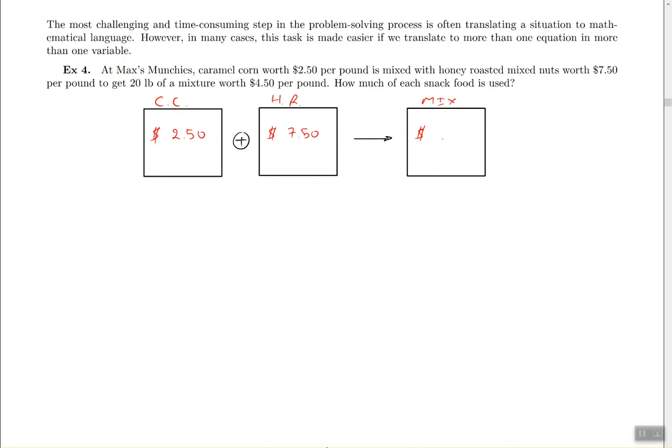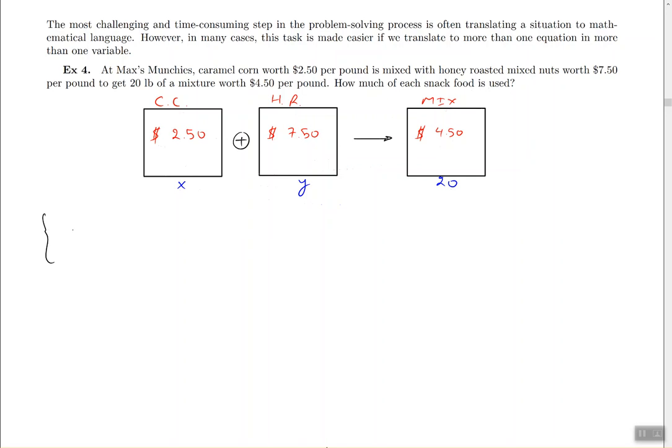And finally, I want to sell it as a mixture at $4.50 per pound. Now, I want to make 20 pounds of the mix. And the question is, how many pounds of each one of those things should I mix together to produce the 20 pounds?